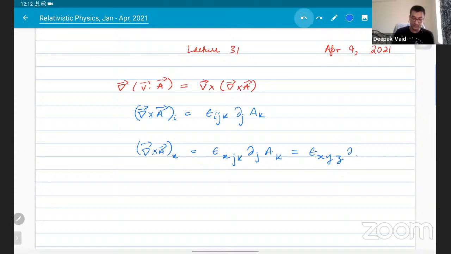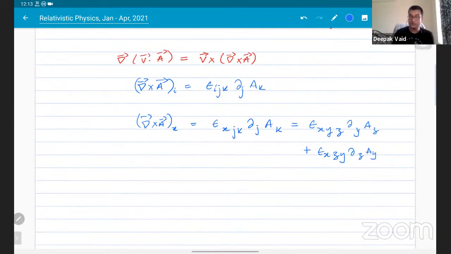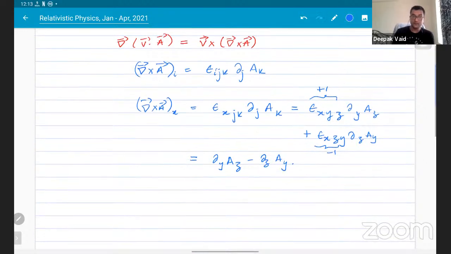And then this has to be d_y A_z, and then epsilon x z y d_z A_y, right? These are the only two non-zero terms. And the first term is going to be +1, and the second term is -1 because it's an odd permutation of the indices. So you get d_y A_z minus d_z A_y, right? Okay.